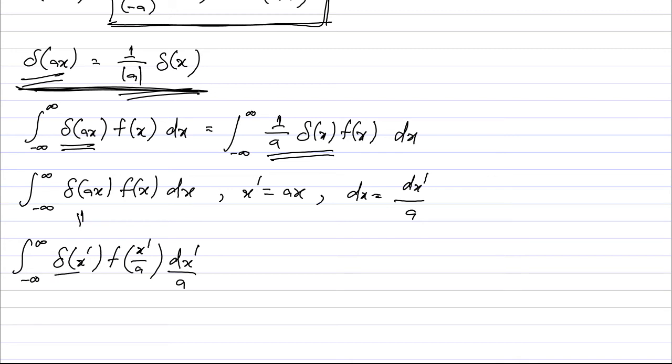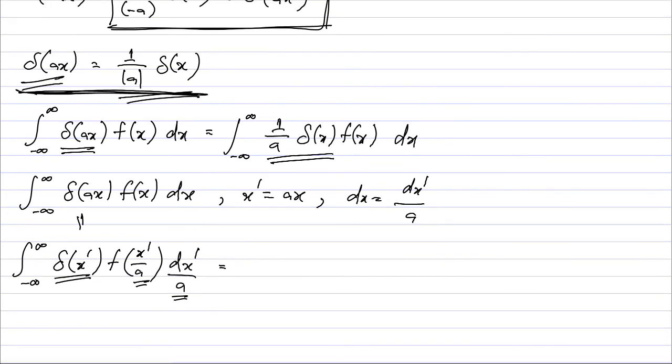Now this thing is only non-zero when x' is equal to 0, which means that this picks out this function when x' is 0. If x' is 0, then of course x' over a is also 0. So this 1 over a goes outside, and you're left with 1 over a and f of 0.